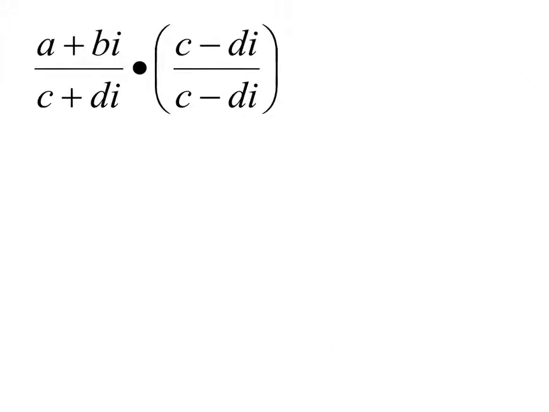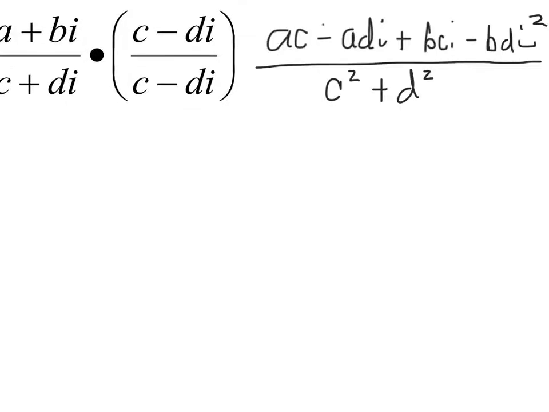All right, so we have A plus BI divided by C plus DI, and I'm multiplying by the denominator's conjugate, which is C minus DI. I'm going to multiply the numerator and the denominator by this conjugate. And what I'm going to get is this result. In the numerator, we end up with AC minus ADI because we multiplied A times a negative DI, so I got negative ADI.